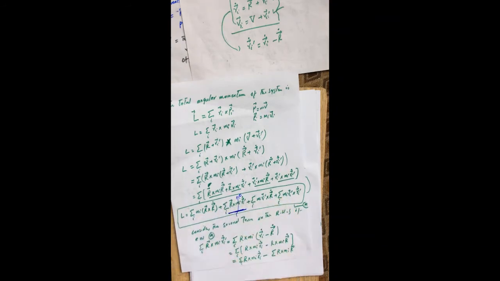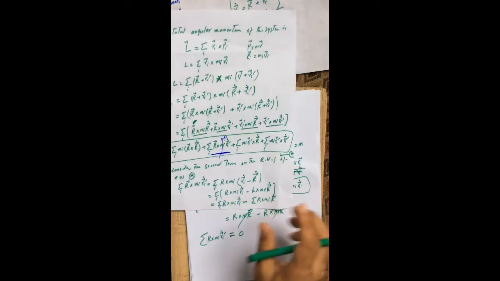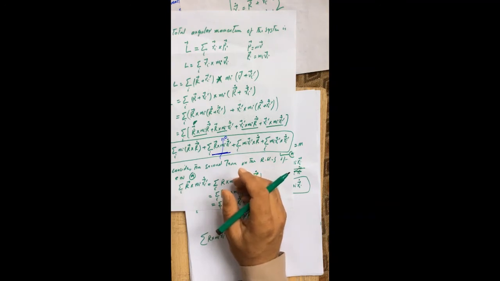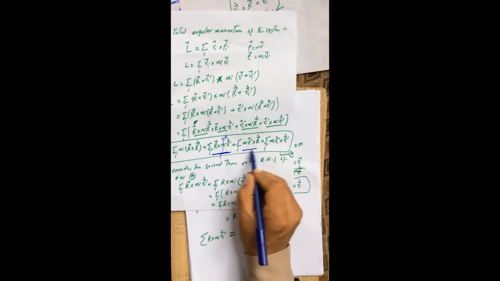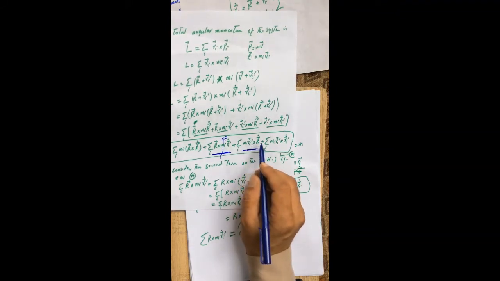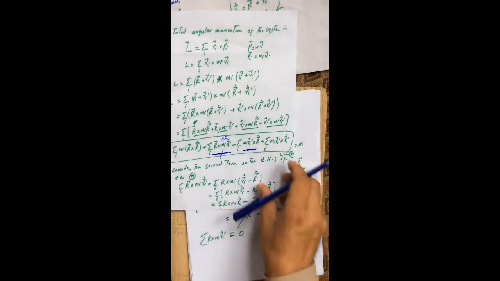So we are left with 3 terms now. Now I will consider the third term, this term. I'll consider the third term, which is mi ri prime cross r dot.